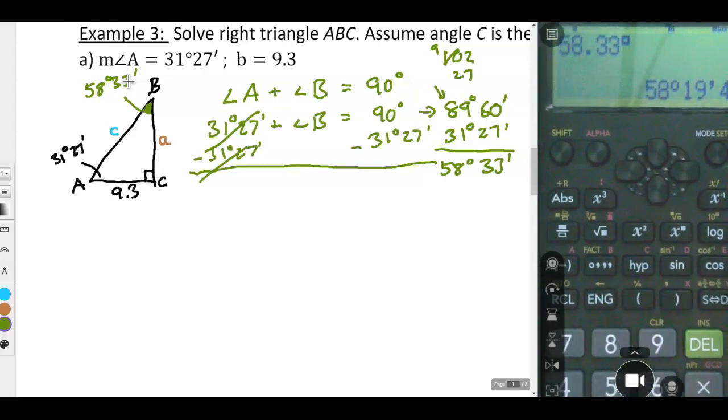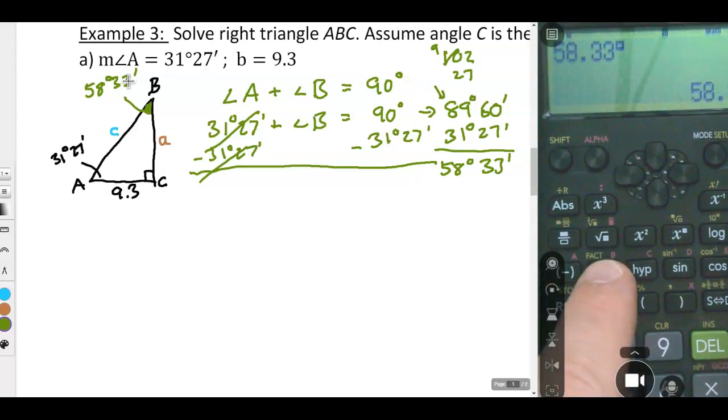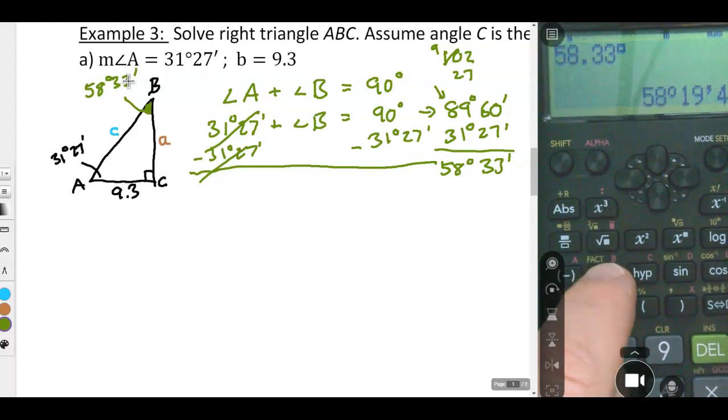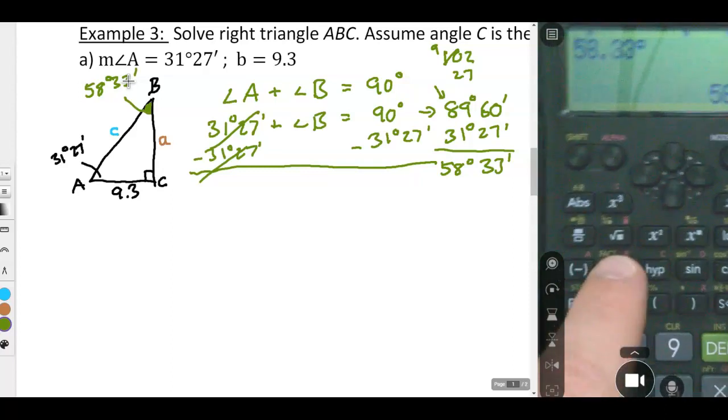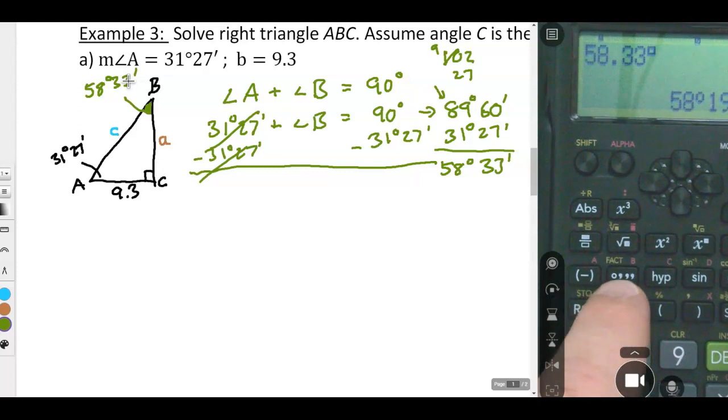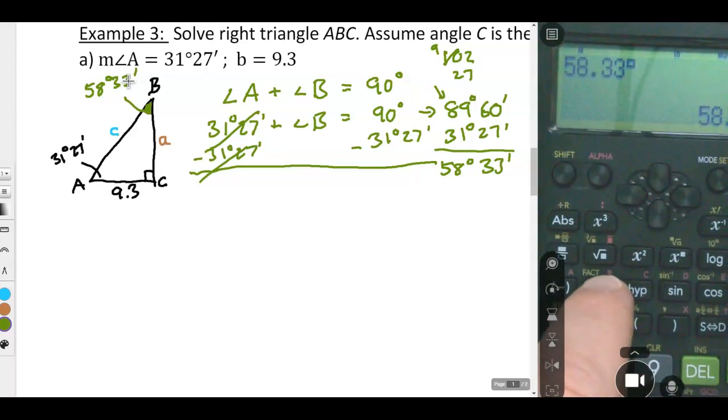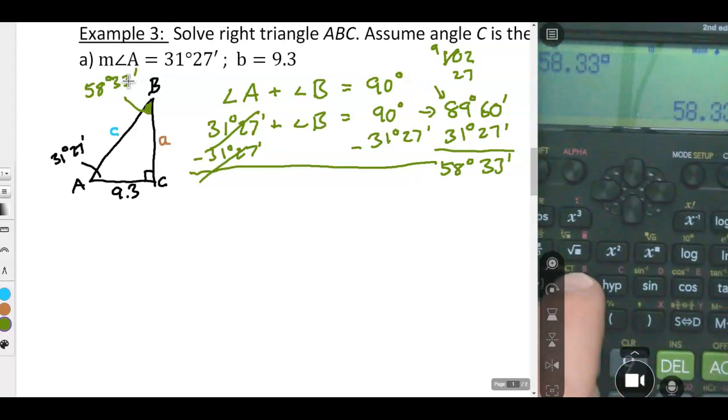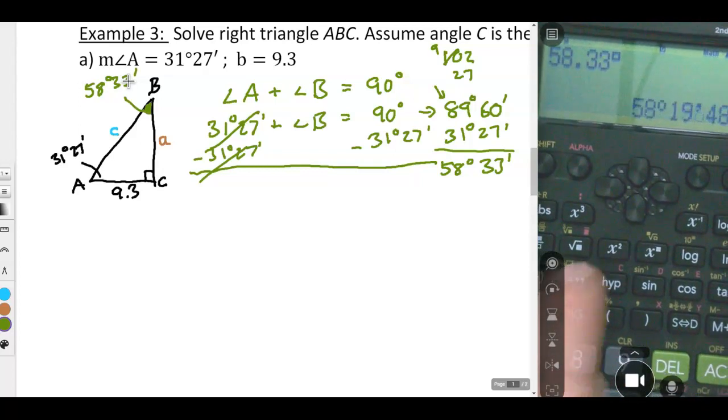Oh, I think I pressed it wrong, but there's a button here. Yeah, it's easier to convert on here. You just have to press the button that's right on top. You can see the degrees, minutes, and seconds right there. So that has an easier accessible button right on the main menu.